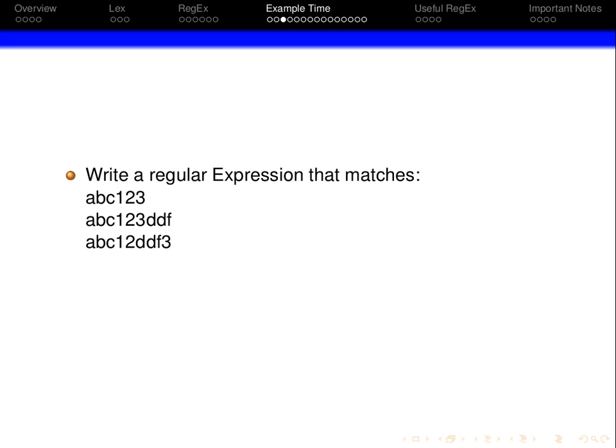Yeah, because we match other things as well. No, I just say it matches that. It can match other things. It just needs to match. I will later go in: it has to match this, but not these.